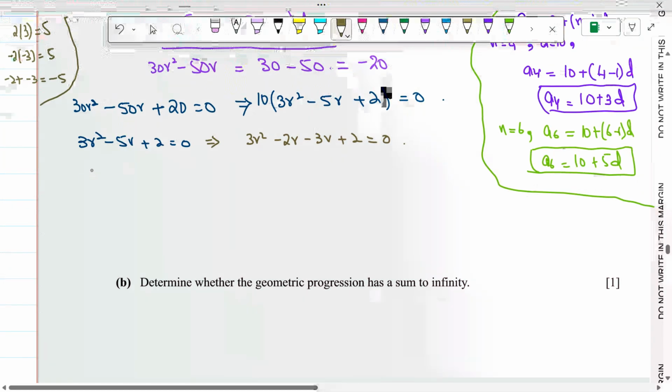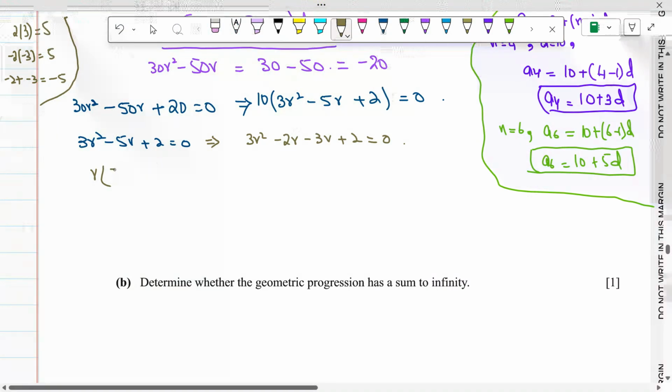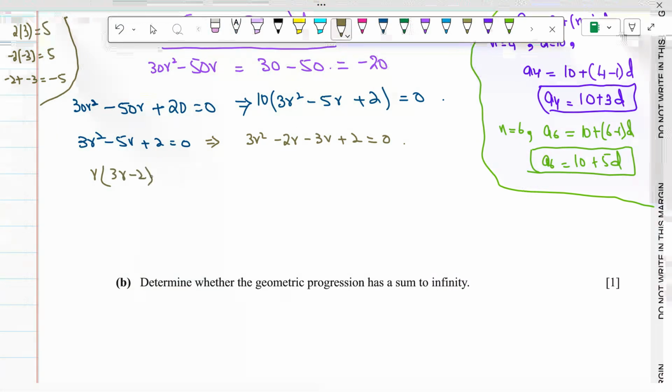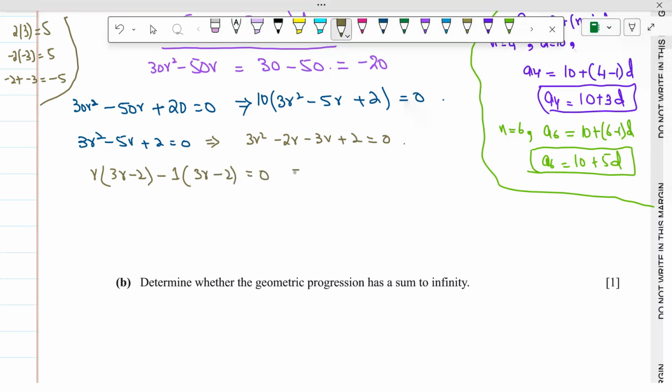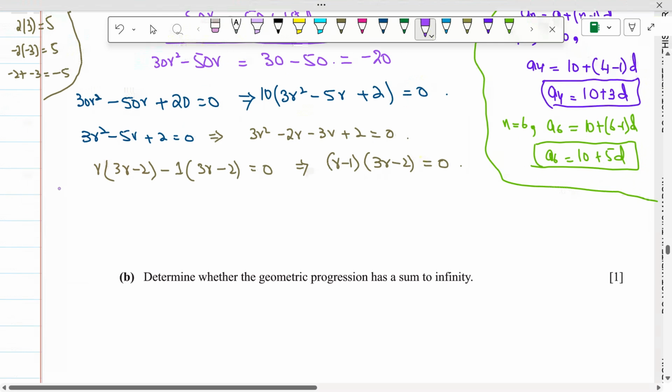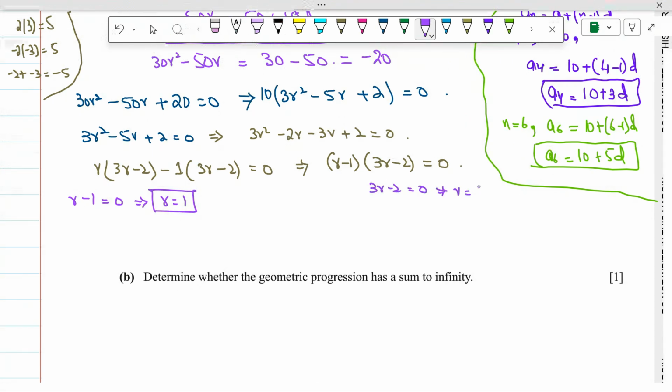Taking r common, we will have r times 3r minus 2. Taking negative 1 common, we will have negative 1 times 3r minus 2. So we have two factors, r minus 1 times 3r minus 2 equal to 0. Equating each with 0, we will have r minus 1 equal to 0, and in this case r is equal to 1. On the other side, 3r minus 2 equal to 0, and in this case r is equal to 2 over 3.